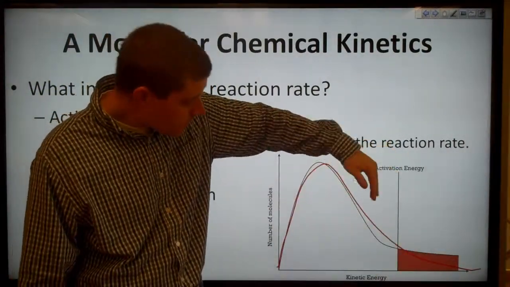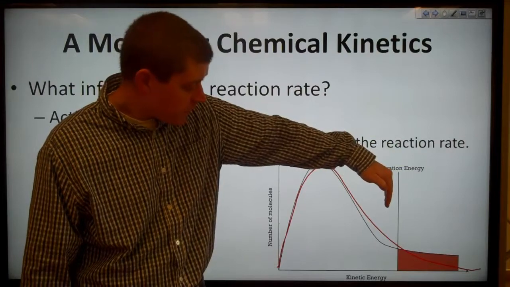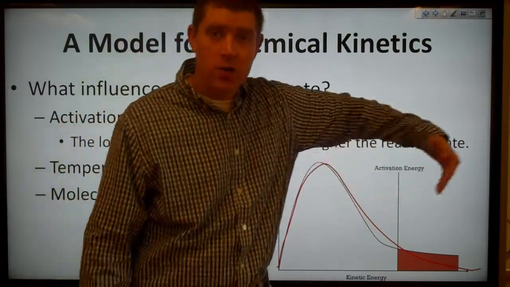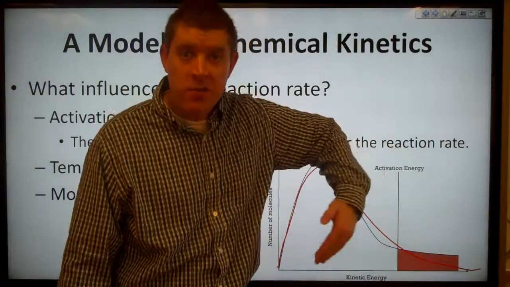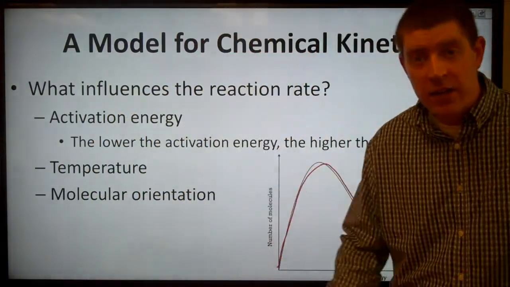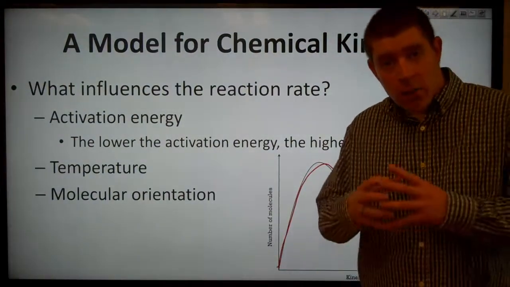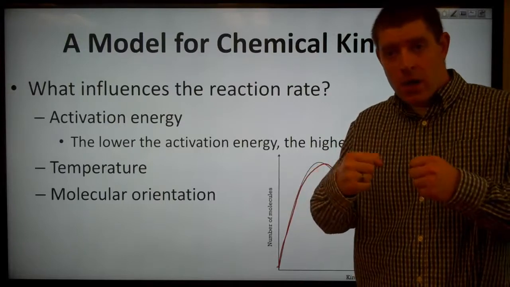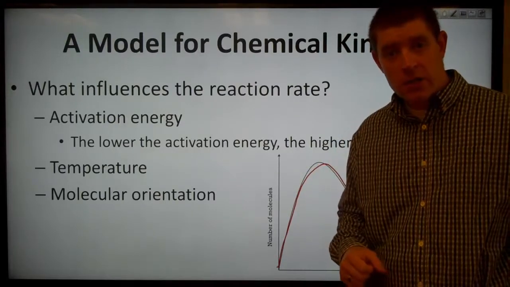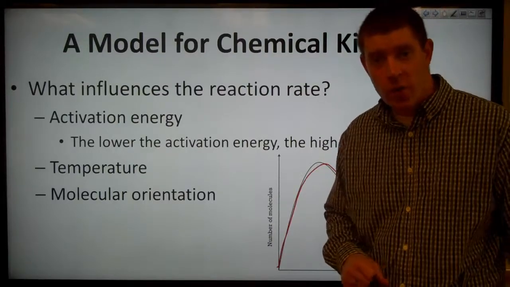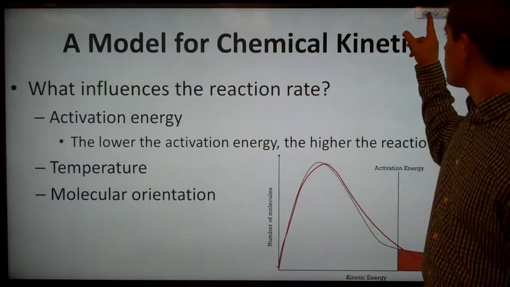Note that if the activation energy gets lower, then more of our molecules are to the right of this line. They have to be to the right of the line in order to react. Right? They need at least that much energy to break the bonds that they have in existence in the reactants already. We have to break those bonds before we can start forming the bonds in the products.